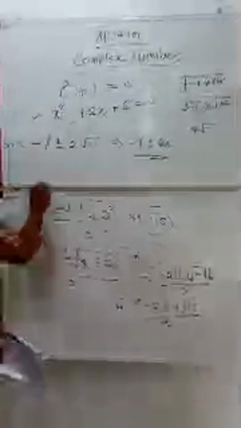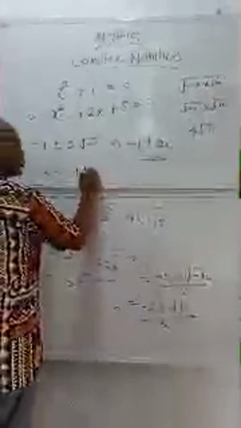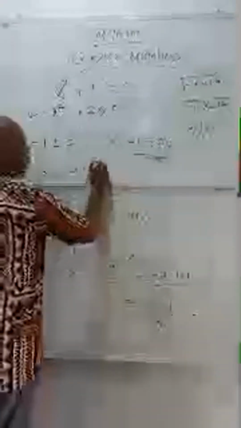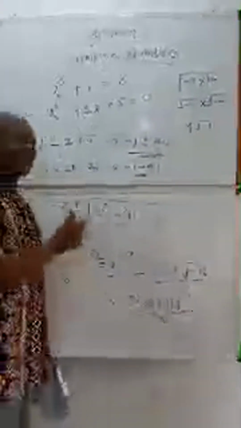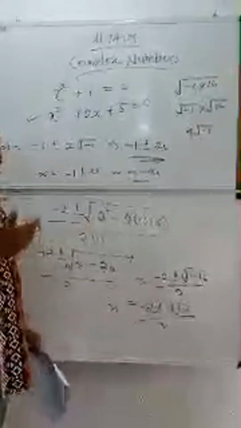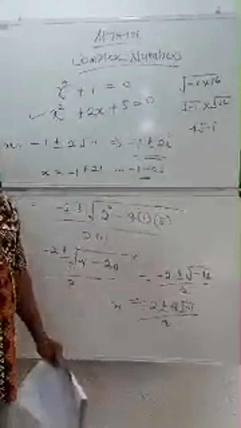This is the solution of this quadratic equation. So x is equal to minus 1 plus 2i, or minus 1 minus 2i. Since solutions of this nature are not in the real number system, we need an extended number system that will contain all these values.